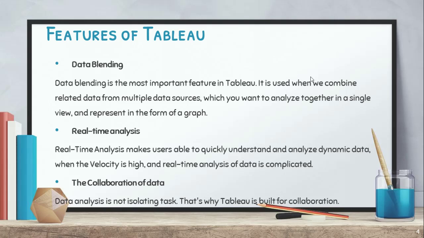For example, assume we have sales data in a relational database and sales target data in an Excel sheet. Now, we have to compare actual sales with target sales and blend the data based on a common dimension to get access.